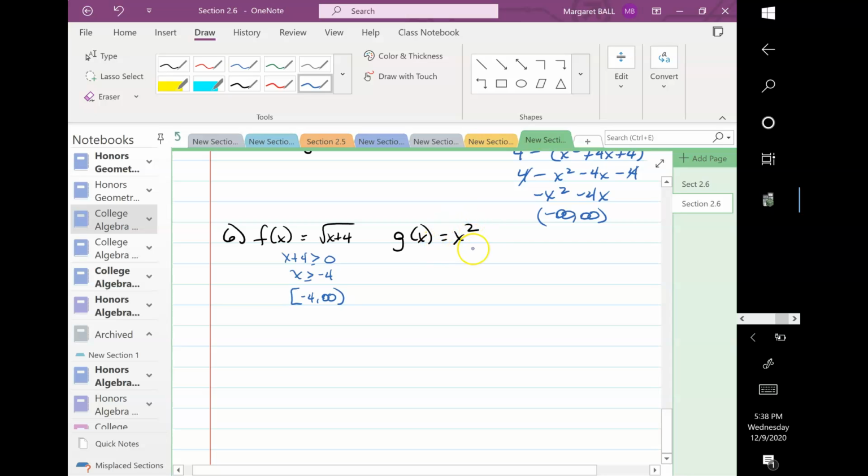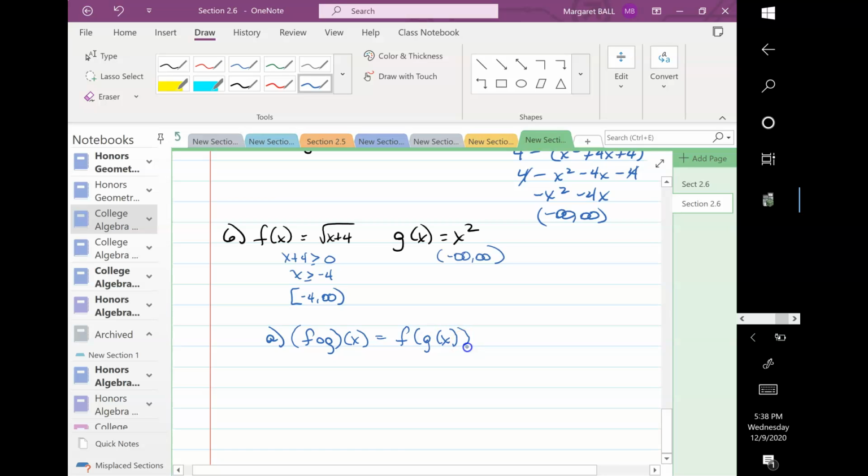Versus the g of x, there's no fraction, there's no radical. So that domain is from negative infinity to infinity. Okay, now part A. Find f∘g. Okay, so replace that with f of g of x.